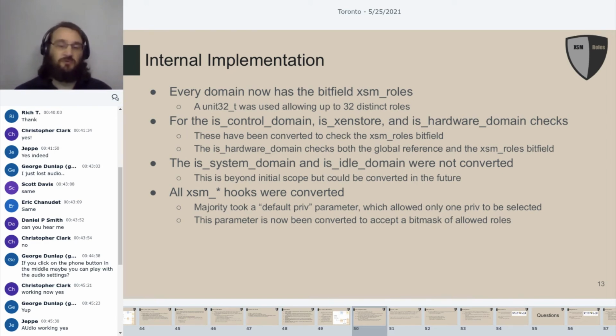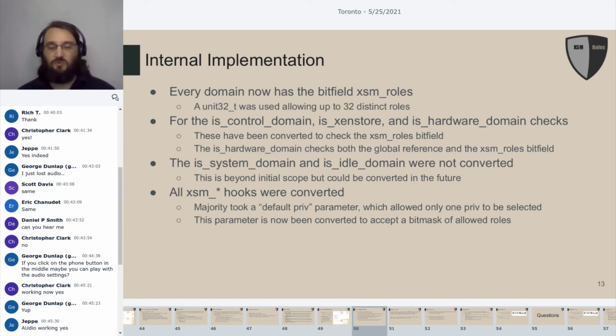The one exception is hardware domain. It not only checks the bit field, but to ensure that we only ever have one hardware domain at a time, there is a global reference. This helps speed things up, because the hardware domain is called many times throughout the kernel, so we do not want to have to do a check and find the domain each time.